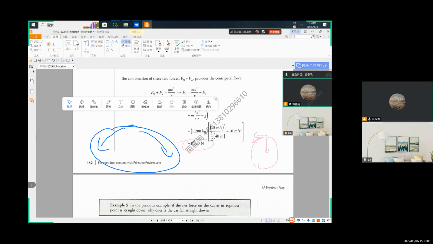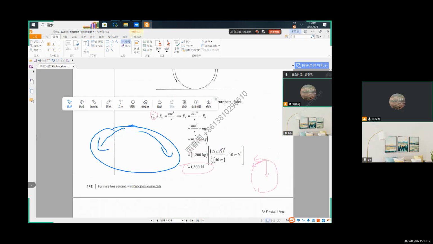Does that make sense? And one of the things that proves the normal force is in that direction is that your gravity is simply not enough to provide the centripetal force.